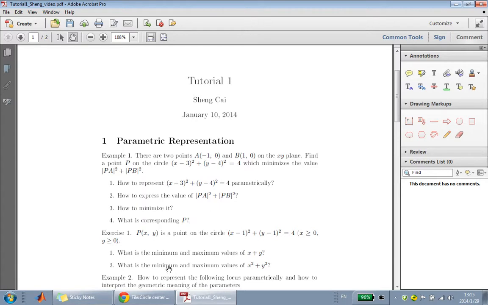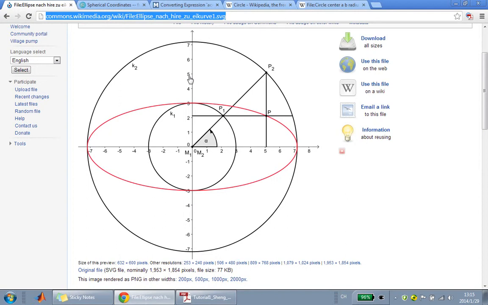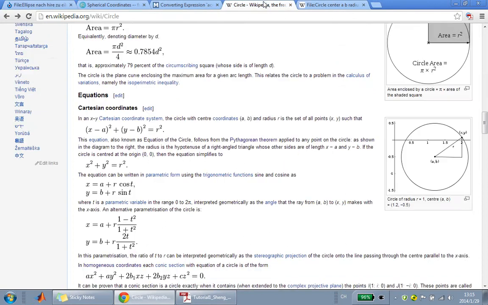So in general, let's say if the circle is expressed by this equation, this circle means centered at point a, b, and with radius r.